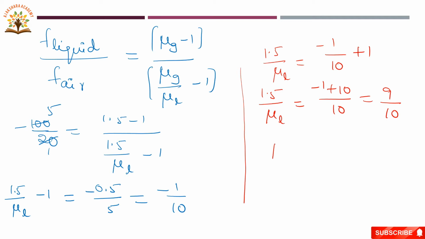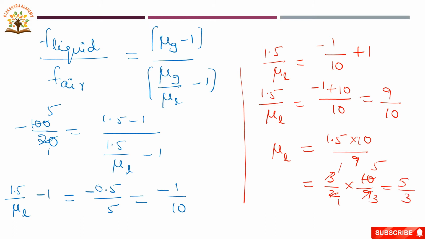So from this, mu L is equal to 1.5 into 10 by 9. 1.5 can be written as 3 by 2, so that is 3 by 2 into 10 by 9, which is equal to 5 by 3. So the refractive index of the liquid is equal to 5 by 3. Therefore mu L is equal to 5 by 3.